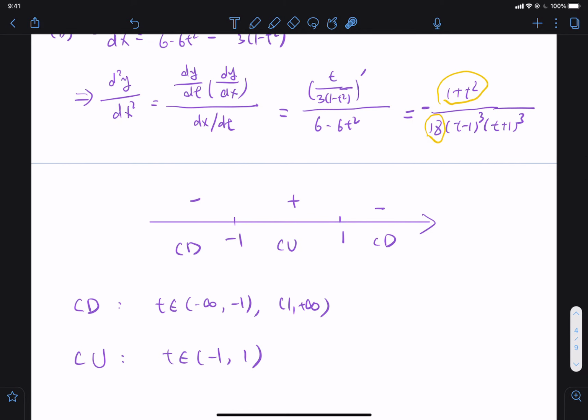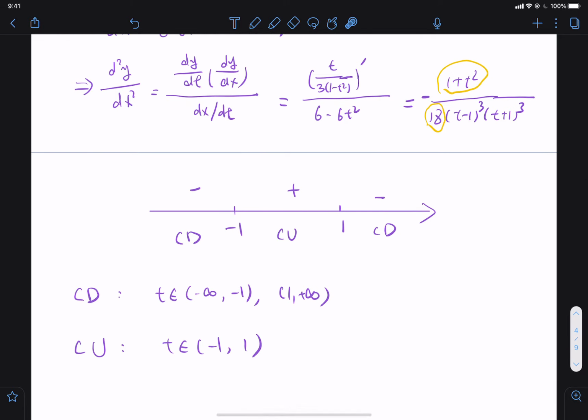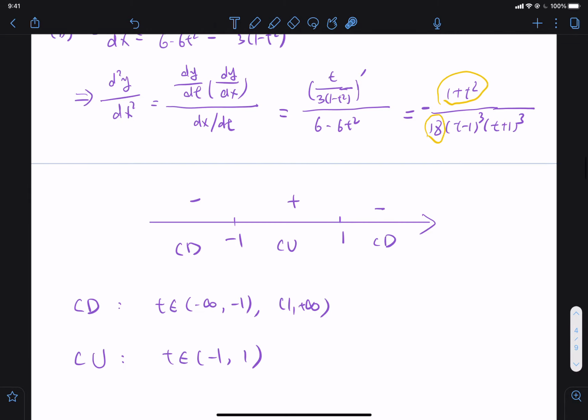So the curve is concave down when t is in this interval from negative infinity to negative 1, and this interval from 1 to positive infinity. And we should pay attention to the thing here, that is t belongs to these intervals, right? Not x, right?